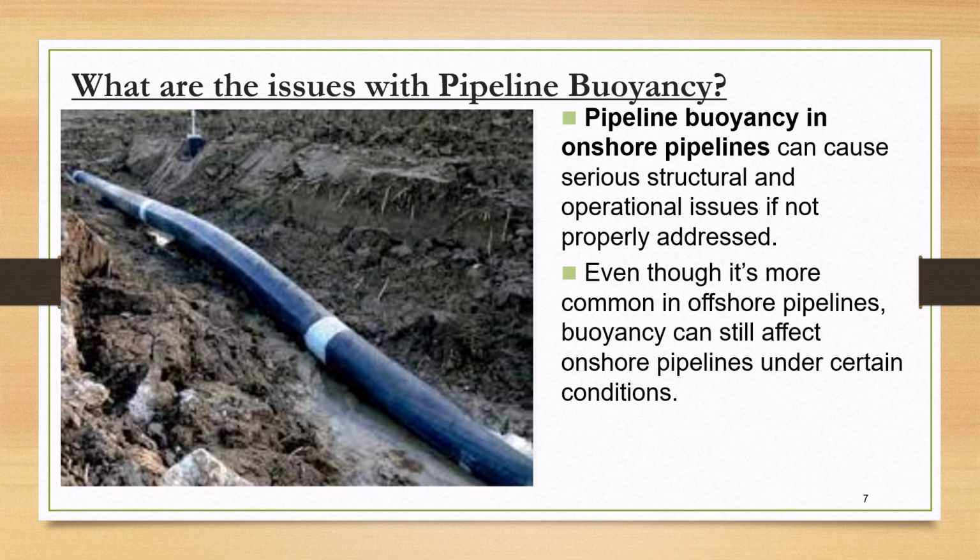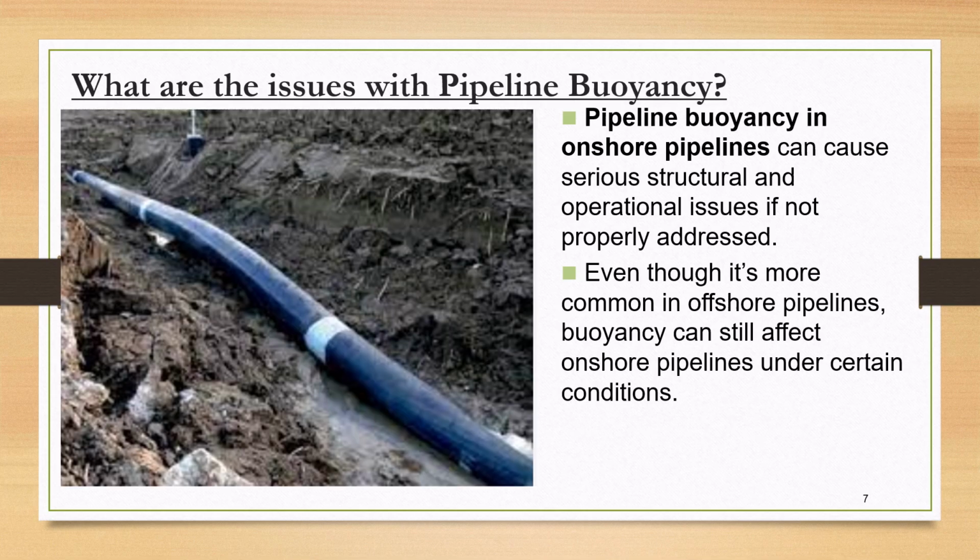Uplift may lead to displacement, misalignment, or buckling, compromising the pipeline's integrity. Next, potential for stress and damage. Uneven uplift can cause bending stresses, especially at joints and bends. Excessive stress can lead to cracks, leaks, or even catastrophic failure over time.